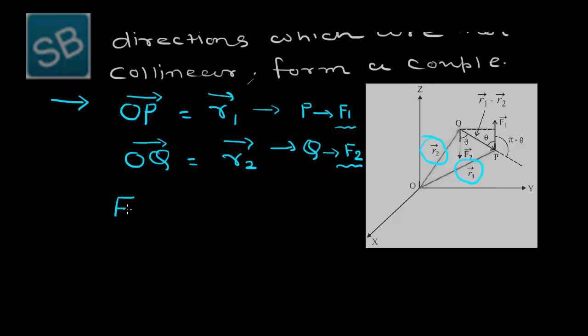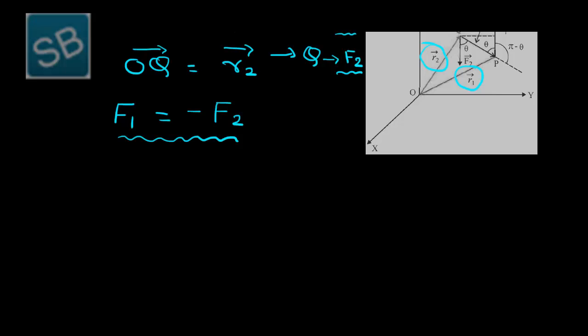Also, F1 is equal to minus F2 because the forces have equal magnitude and opposite direction. Now the angle theta, what you are observing over here, is the angle between R1 and F1, or we can say R2 and F2, but both the angles are the same.